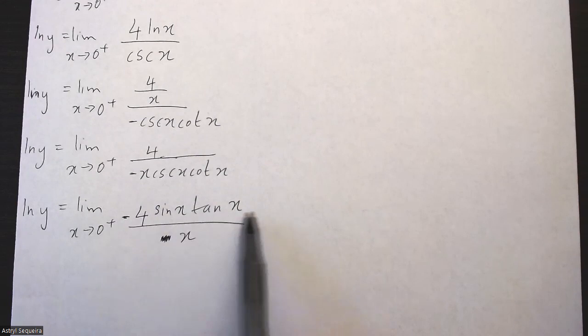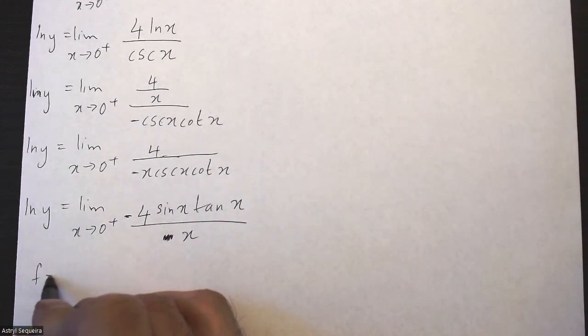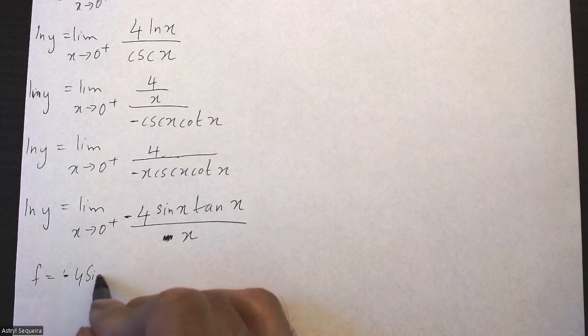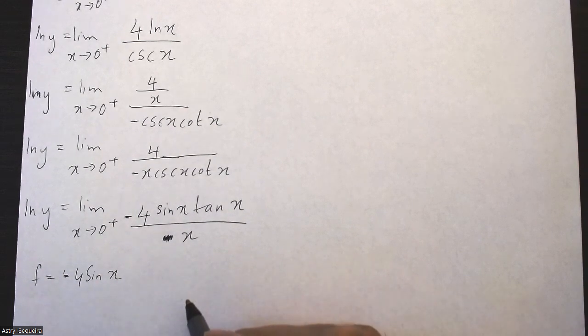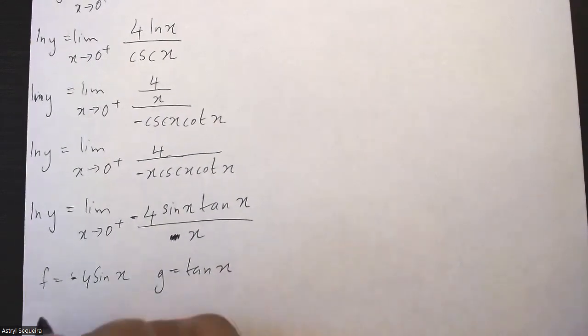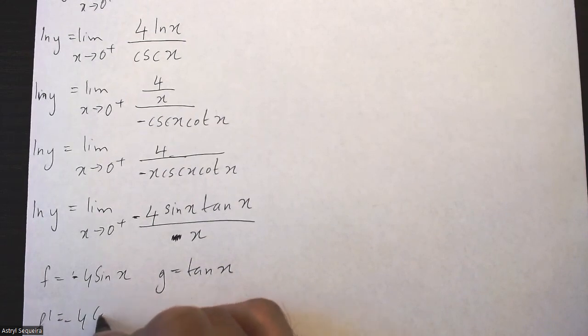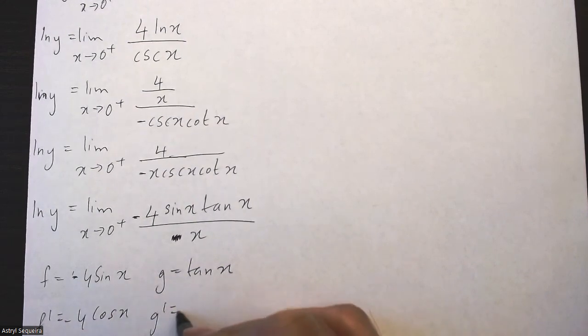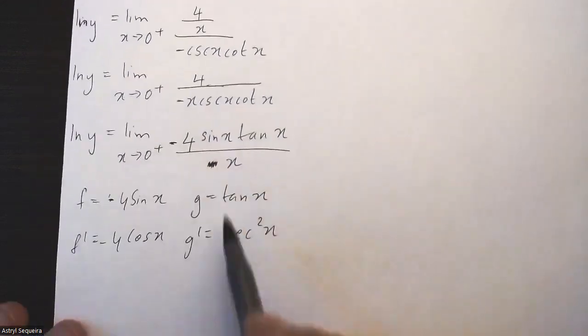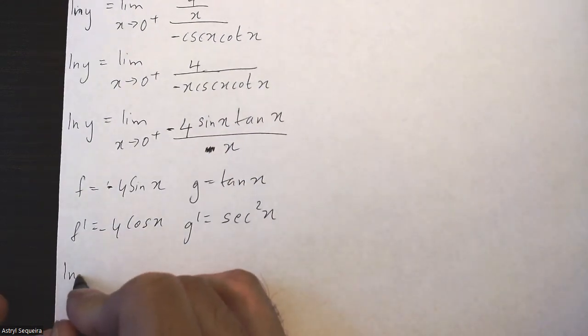If I'm deriving the top, I have to do product rule again. So f equals negative 4 sine x, g equals tan x, f prime equals negative 4 cos x, g prime equals sec square x. Let's put in my product rule all in this question.